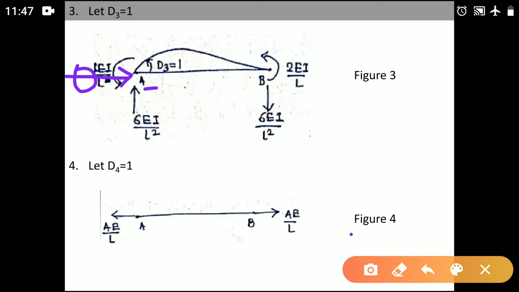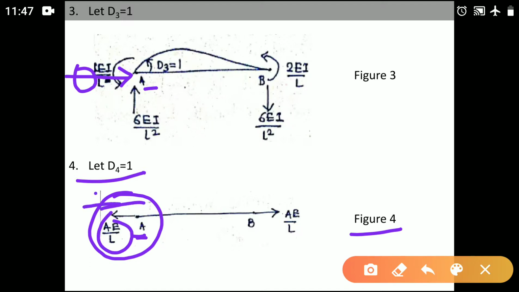Now the next element is from figure number 4. In figure number 4, that is when D4 is equal to 1, action corresponding to D1, that is horizontal force, that should be present at node A. If it is not present, you have to write 0. If it is present, you have to write that quantity with its sign convention.